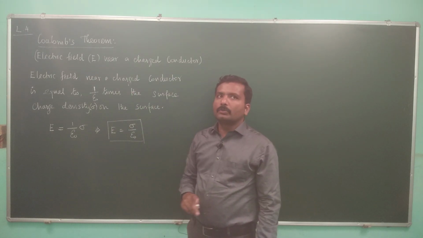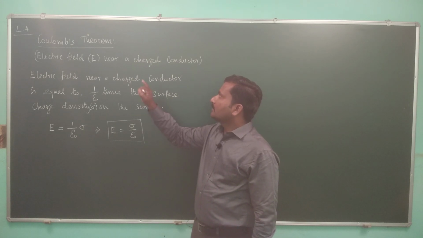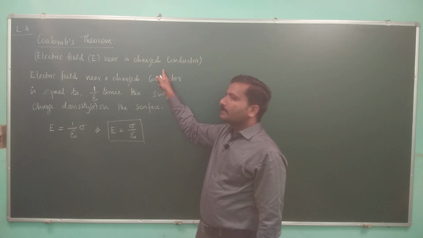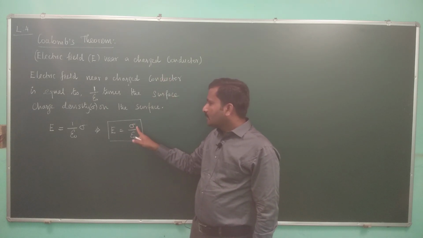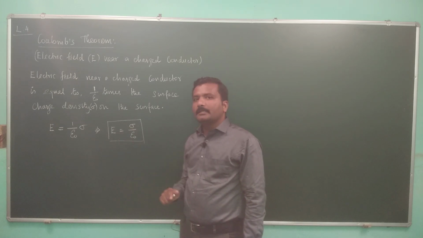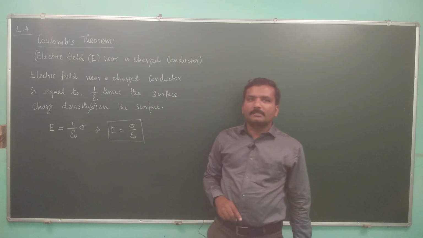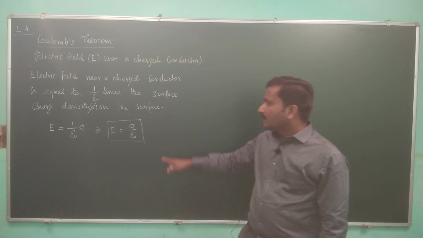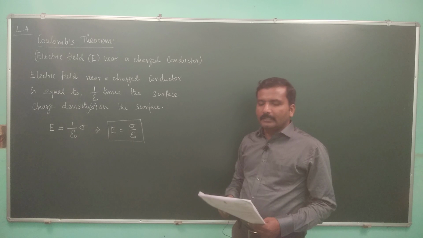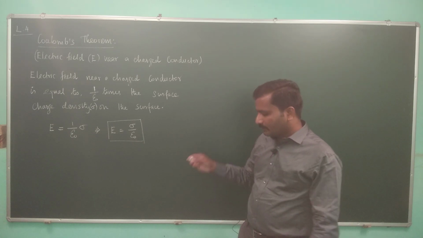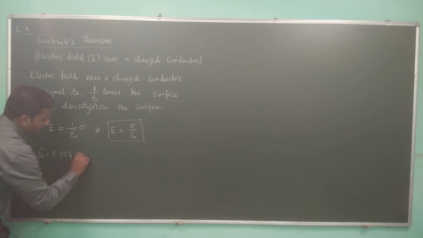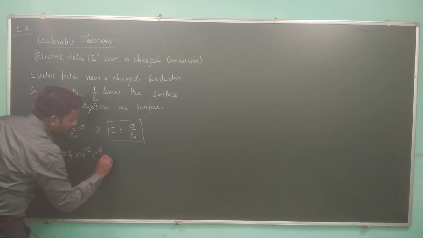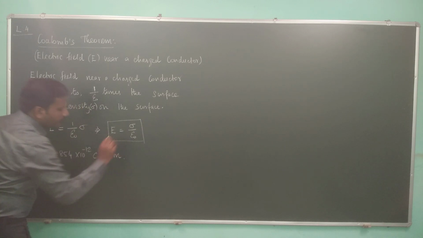Let me repeat. Coulomb's theorem gives the statement for the electric field near a charged conductor: E is equal to sigma by epsilon naught, where E is the electric field, sigma is the surface charge density, and epsilon naught, as you already know, is the permittivity of free space, which has the value 8.854 into 10 power minus 12 Coulomb square per Newton meter.